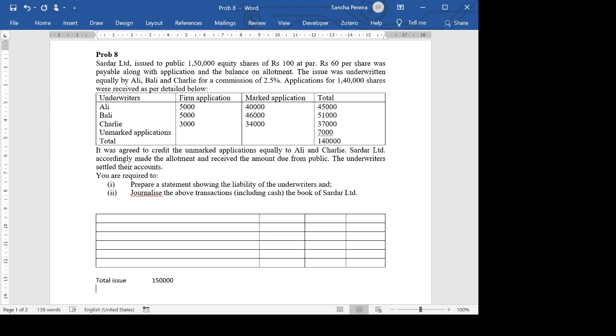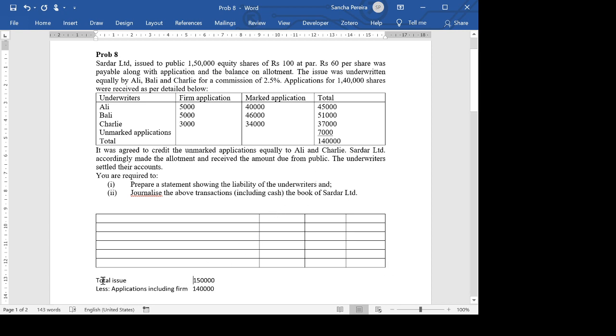Out of this, the applications including firm are 1,40,000.